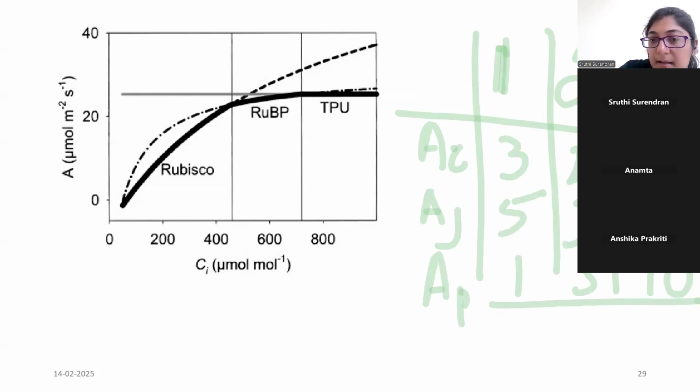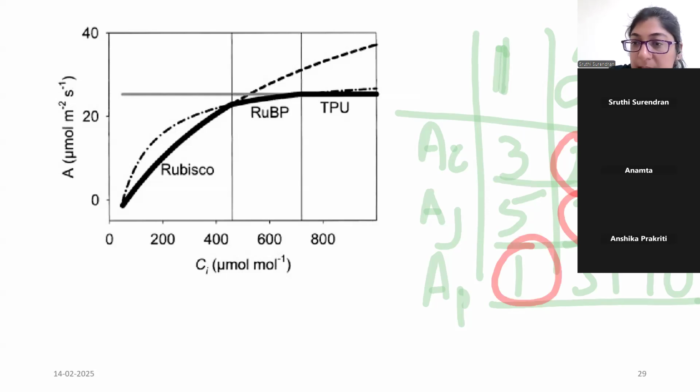In this case, we take the minimum of all these values. If you see here, the minimum over here is 2, here the AJ minimum is 3 and the AP minimum is 1.